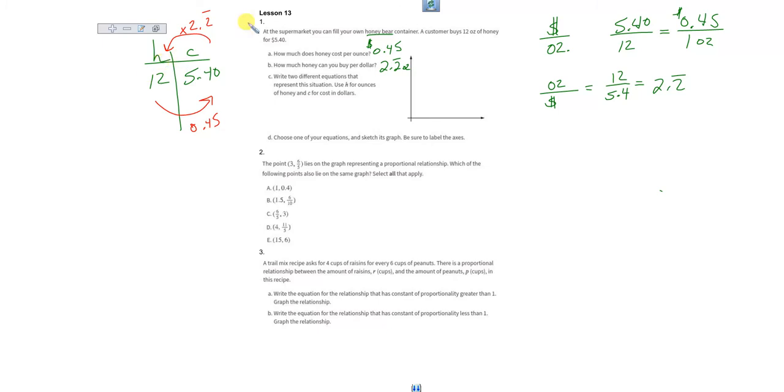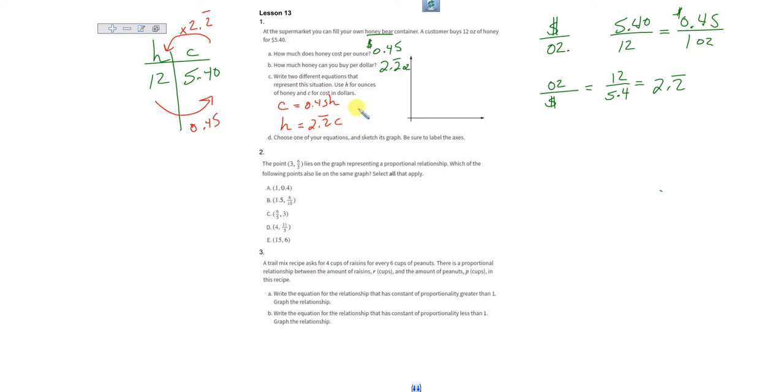That gives me my 2 equations. To get C, I would do 0.45 H. And to get H, I would do 2.2 repeating C.